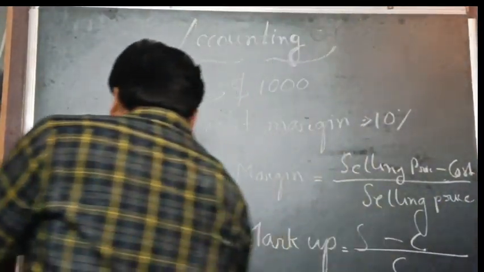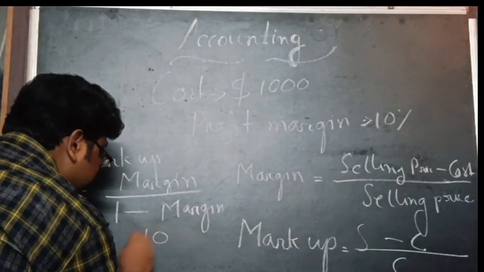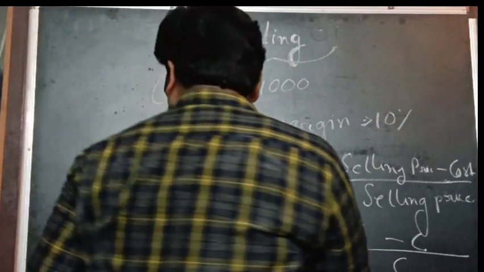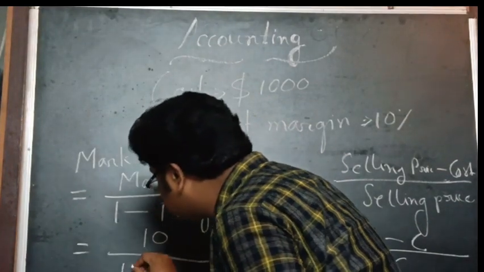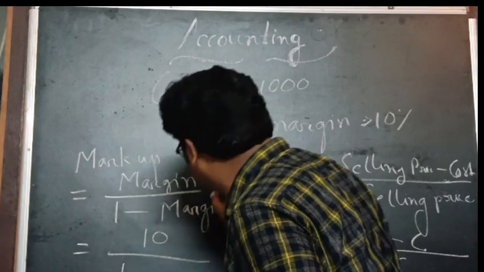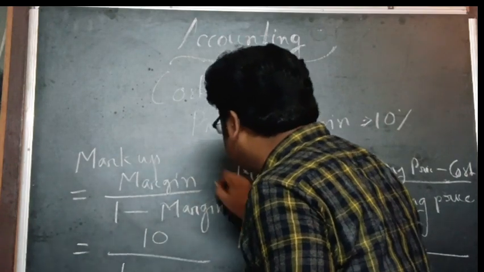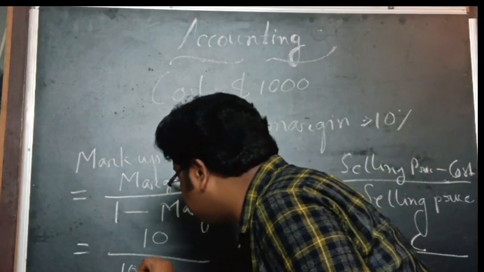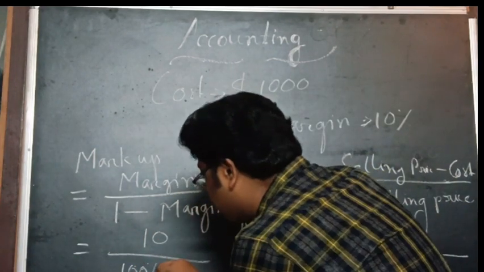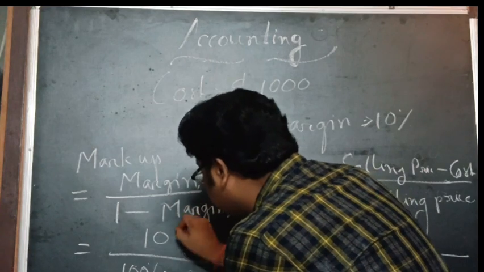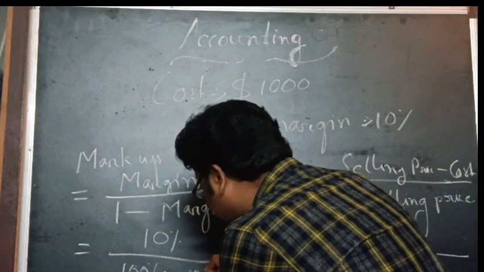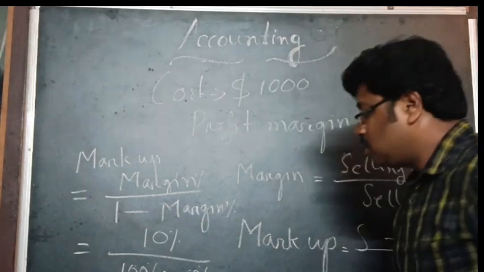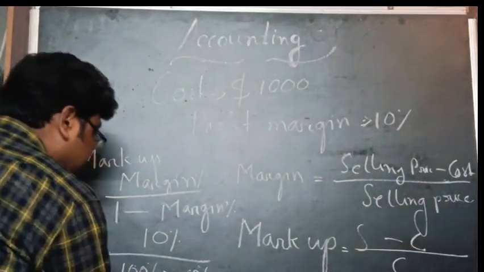Here 1 means 100%, so 100% minus 10% is 90%. So what is the markup?